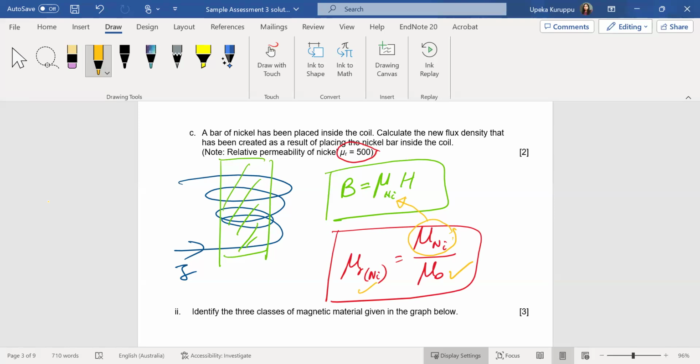Yes, you can print it and bring it, I think. You can draw on that. You should be able to.